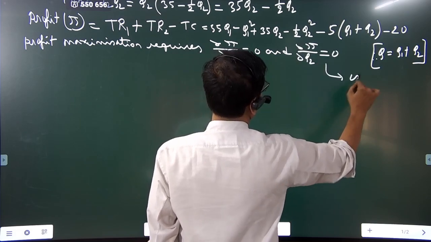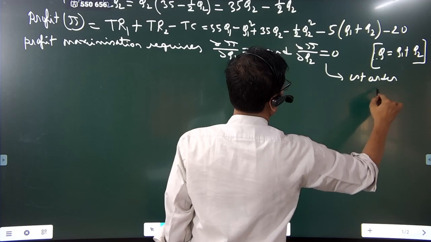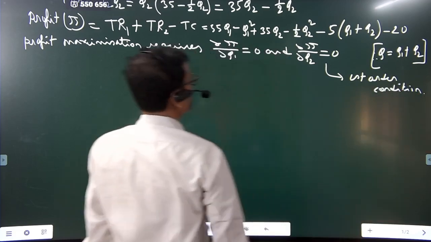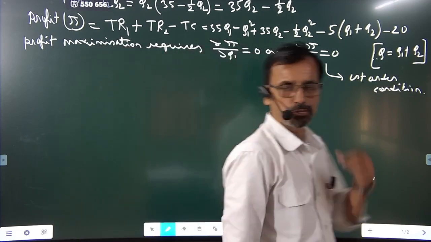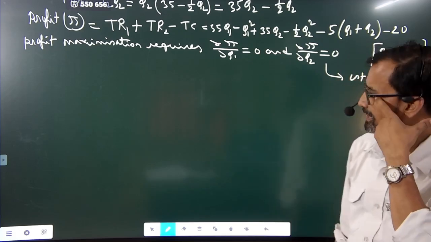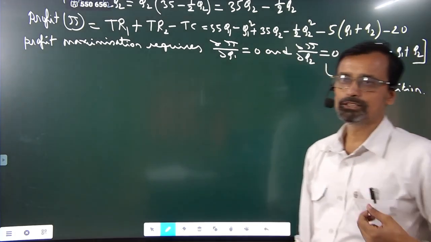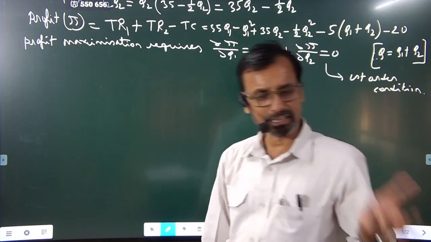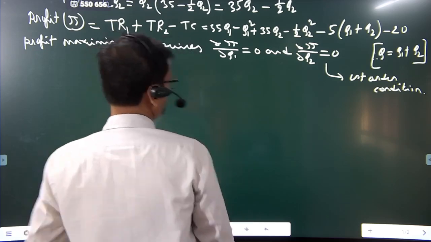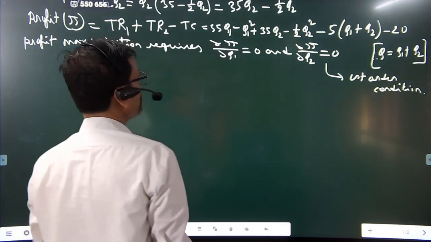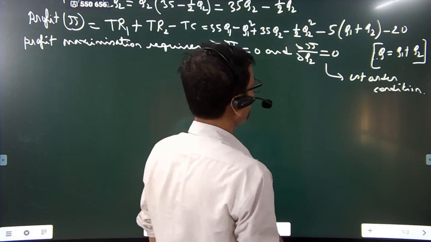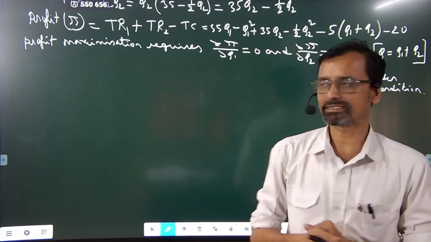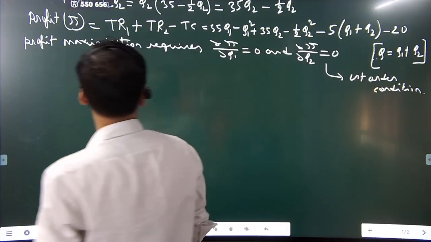These are the first order conditions. After showing the first order, we need to show the second order also: the first Hessian should be less than 0 and the second Hessian should be greater than 0. Both conditions are required in order to ascertain the exact prices of the two markets, and then the quantities and elasticities also.